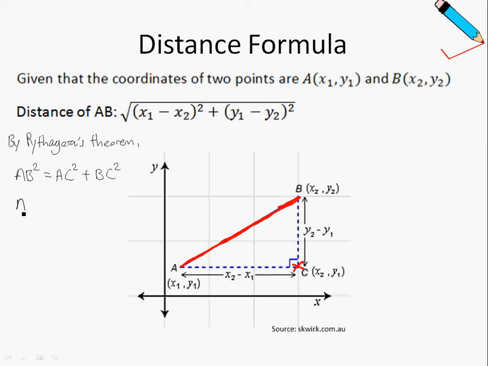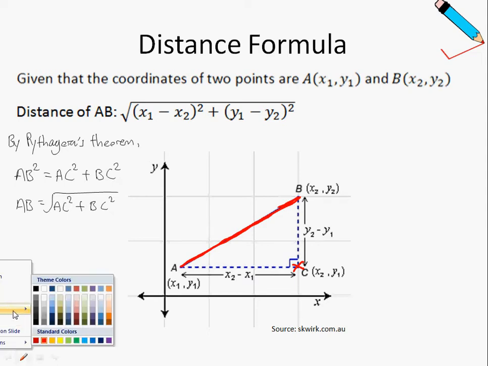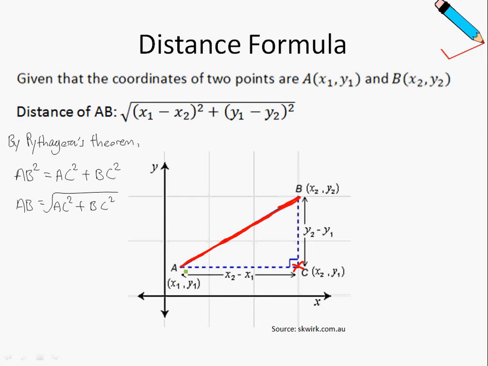And therefore, AB is just the square root of AC squared plus BC squared. Moving on, let us look at how we can find distance AC. I shall use a green colored pen over here. Distance AC, which is drawn in green now, is in fact the x coordinate of C, which is x2, minus the x coordinate of A, which is x1.